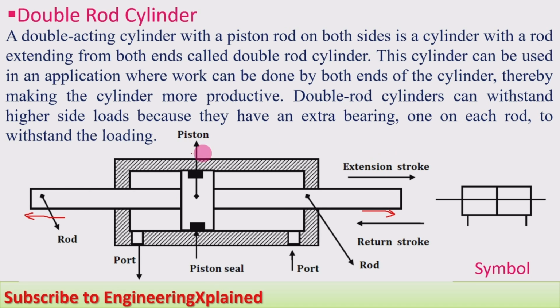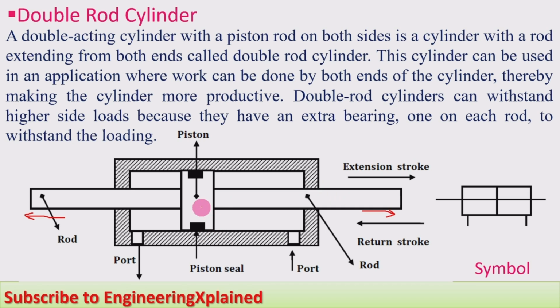Double rod cylinders can withstand higher side loads because they have an extra bearing. With an extra bearing on each side, each rod can withstand the loading, so the side loading withstanding capacity will be more.